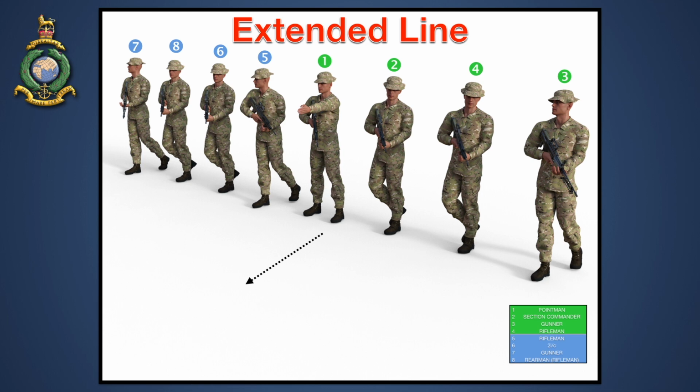Basically, to produce extended line, all the members of the section fan out from the middle in a straightish line. Not quite straight, a bit like we talked about with fire, where you can be slightly forward, slightly back, but roughly it's a straight line, so you're all facing in the same direction of travel. But look at the numbering here. Again, the 2 gunners, positions number 3 and 7, they shift out.